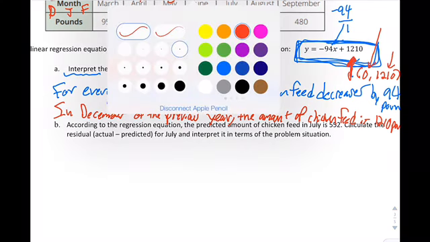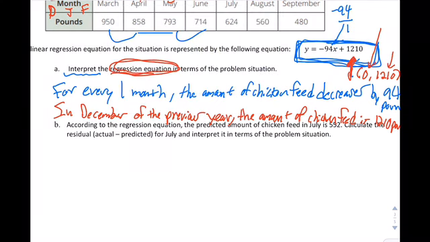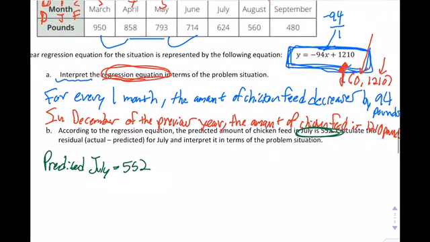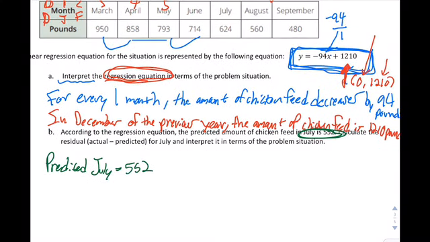So letter B, let's pick a different color here. Let's go with green. According to the regression equation, the predicted amount of chicken feed in July is 552. Let me write that over here. So predicted for July, we have 552. Well, if I look at the table, that's not what actually happened.